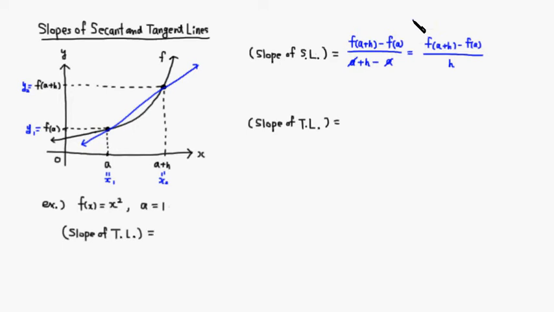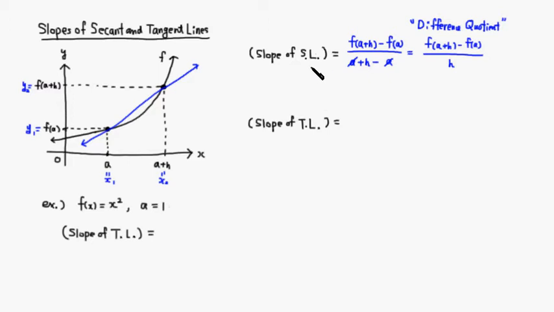Remember, this was called the difference quotient. So the difference quotient is the slope of a secant line.